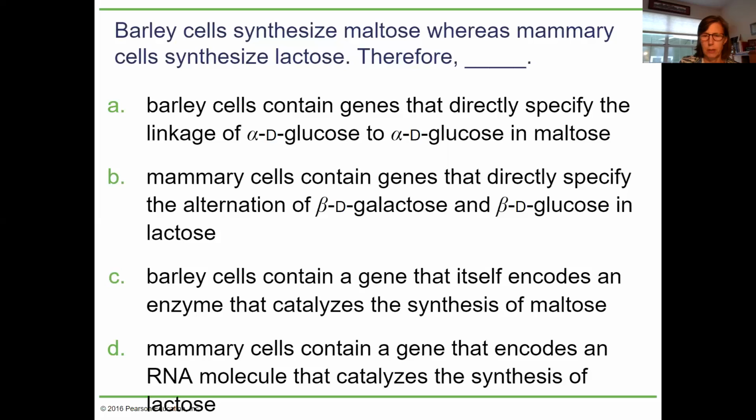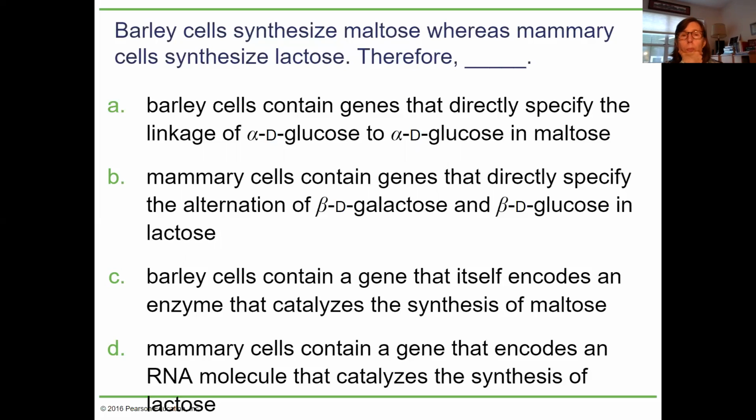Barley cells contain a gene that itself encodes an enzyme that catalyzes the synthesis of maltose. Mammary cells contain a gene that encodes an RNA molecule that catalyzes the synthesis of lactose.